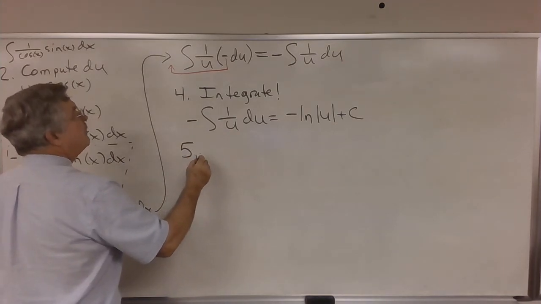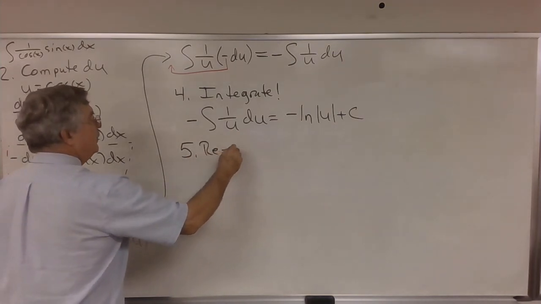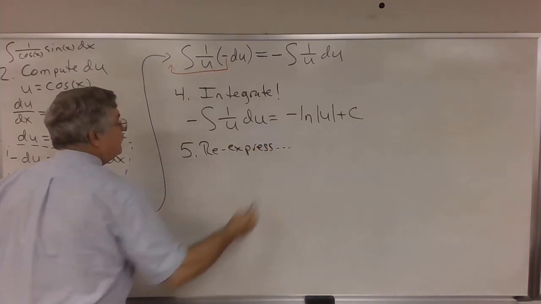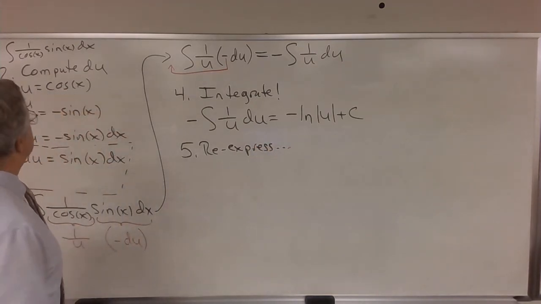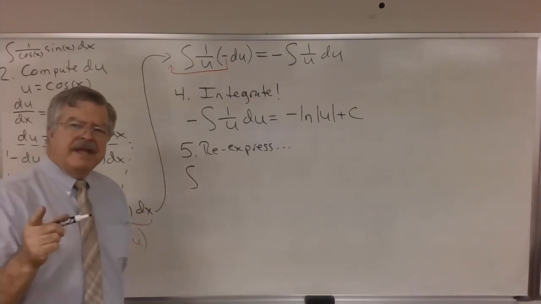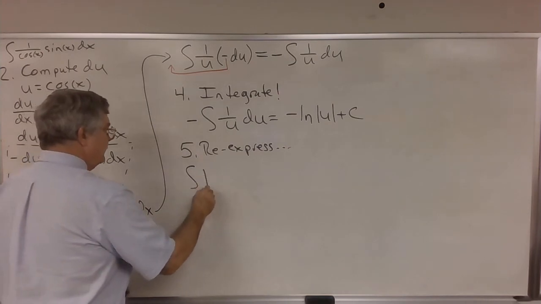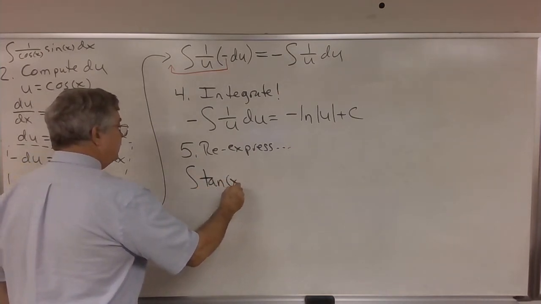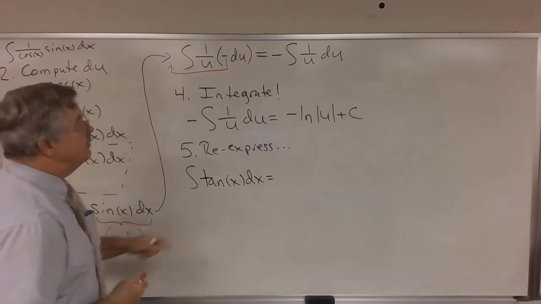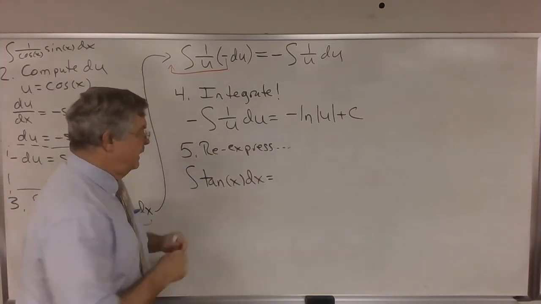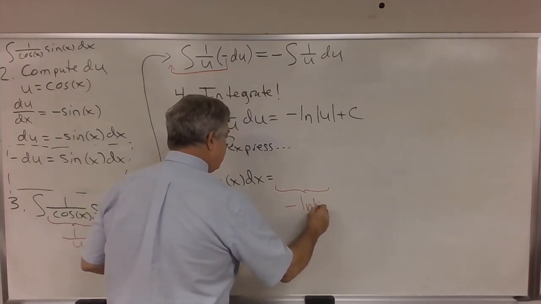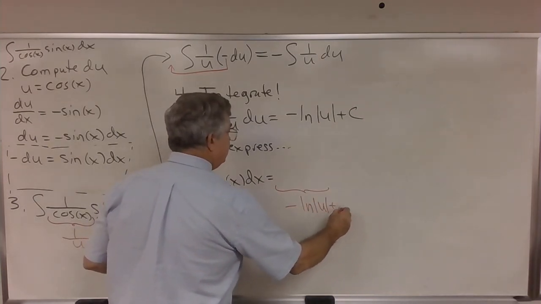Onward to step 5, we re-express in terms of the original variable. So what did we start out with? We started out with tangent of x, didn't we? Tangent x equals, and in terms of u, this is our answer. Negative natural log of u plus c.